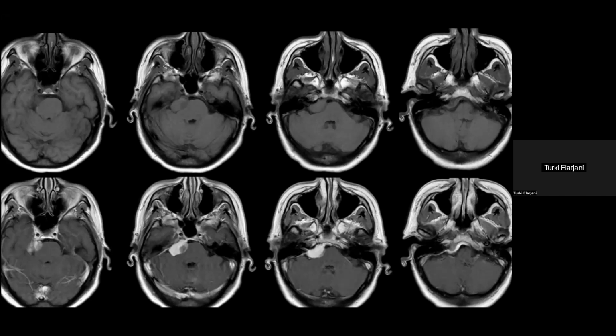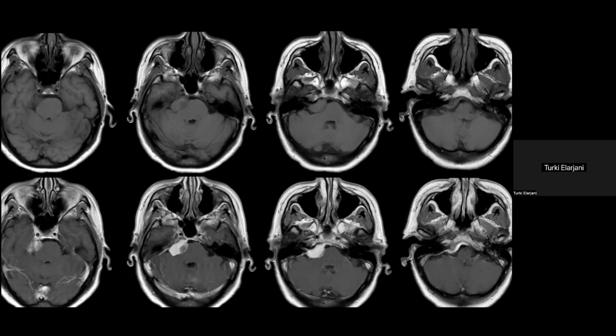Yeah. So we have an axial MRI with T1 without and with gad in the image below, and it shows a moderately sized lesion that is contrast enhancing with an isointense nodule in the medial part, and it's isointense on T1.